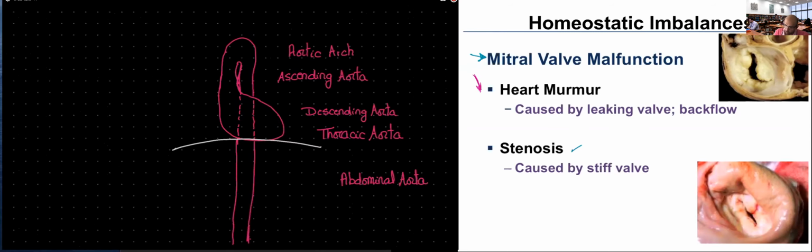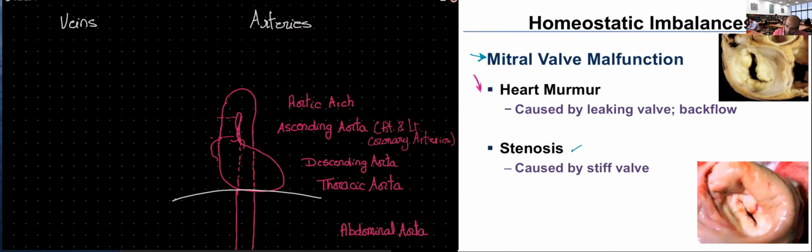Looking first at the branches coming out from the ascending aorta, if you remember, we've got two branches that will be giving the blood supply to the heart tissue itself. And those are my right and left coronary arteries. This is from the proximal part of the aorta, which we call the ascending aorta. From the aortic arch, we've got three branches.